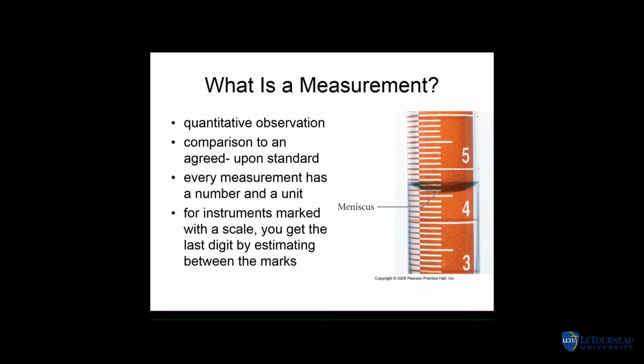If we look here at this space, it looks like the meniscus is kind of in the middle between the big line here, which is at 5, and the next one, 6. So if we were to estimate here, we would say that maybe this measurement is about 4.56 or so.